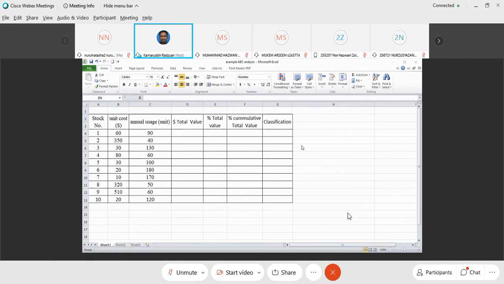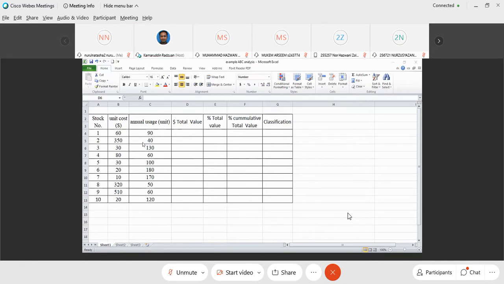In the previous slide on the ABC analysis, the example classified the inventory into A, B, and C based on the quantity. But for this morning, we're going to use the same data to do the ABC analysis, but based on the total value of the inventory.